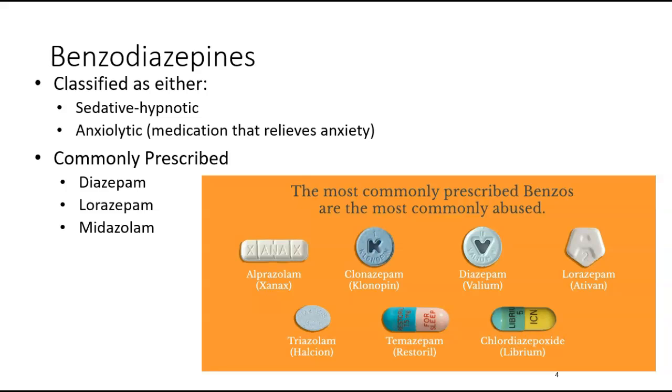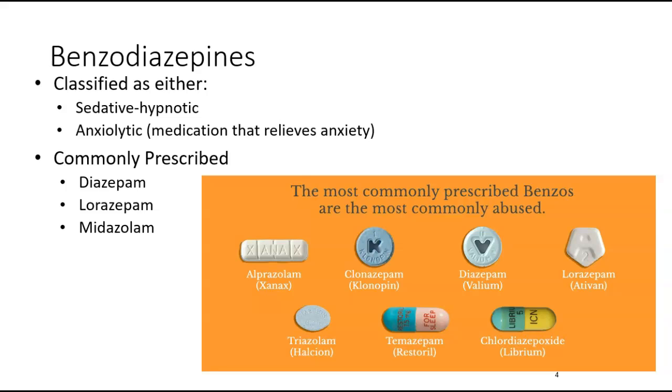Temazepam, I've seen that, and Librium or chlordiazepoxide as well. So these are some of the common benzodiazepines. Most of them do end in lams and pams, so that can help us remember them.